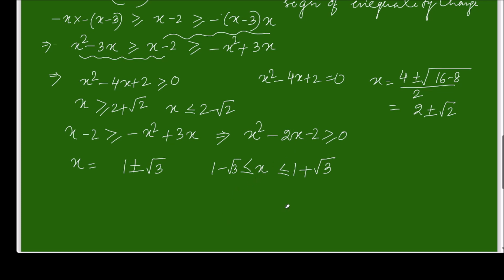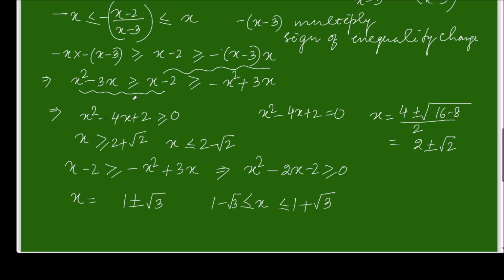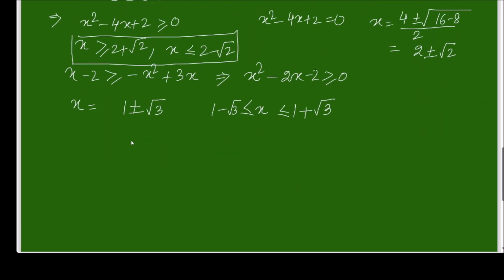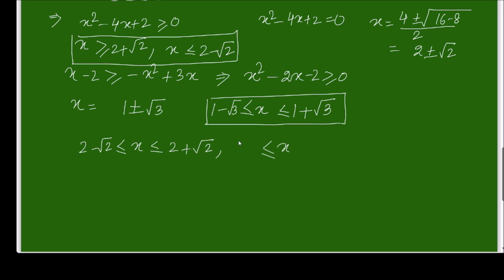Now let me combine these two. So x is greater than 2 minus root 2 and less than 2 plus root 2, and now I'm getting x greater than 1 minus root 3 and less than 1 plus root 3.